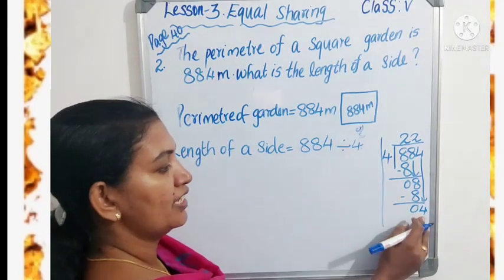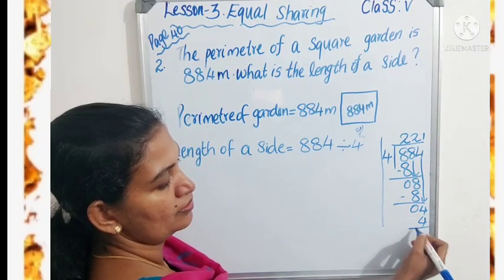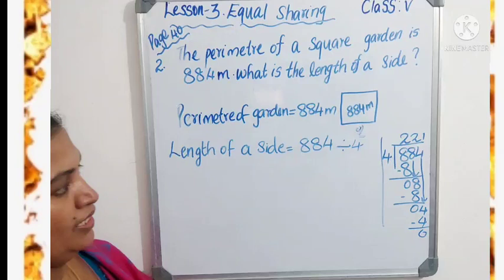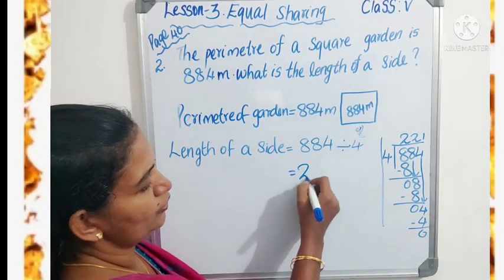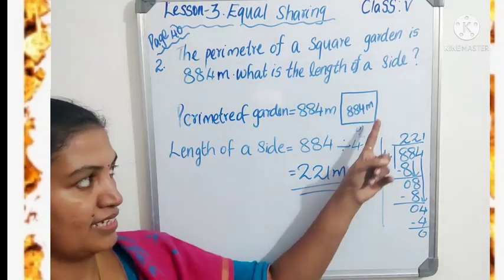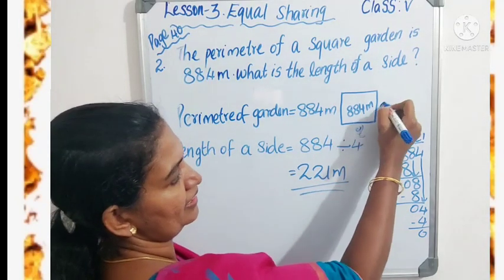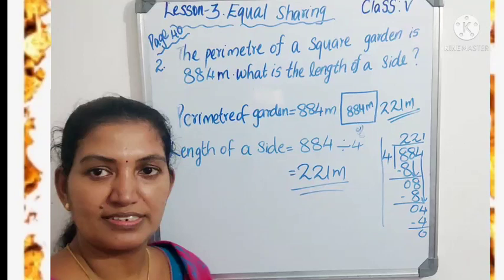Then we know that in 4 only one time. Subtract, 0. Now we got 884 divided by 4 equal to 221. So the length of a side is 221. Okay, 221 is the length of one side.